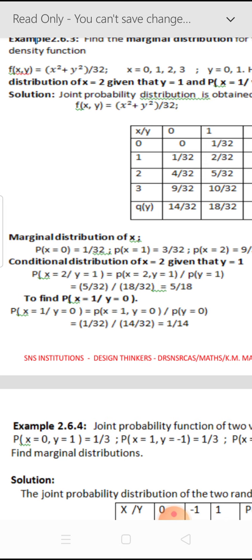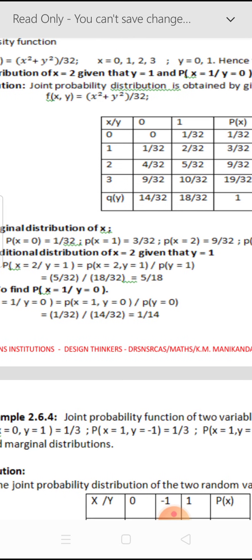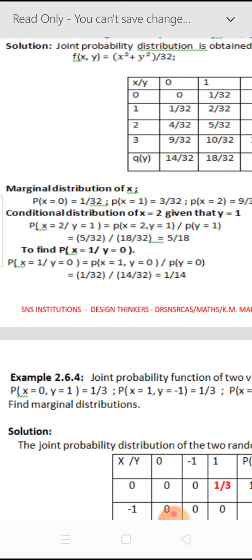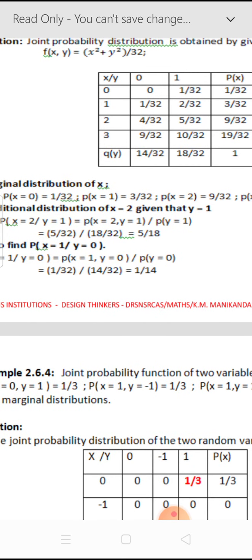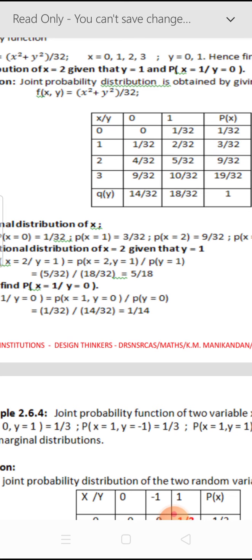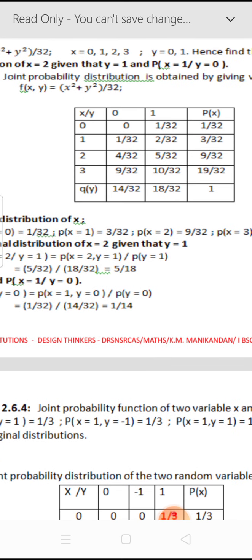And we find the conditional distribution of x equal to 2 given that y equal to 1 by applying the formula: probability of x equal to 2 given y equal to 1 equals probability of x equal to 2 comma y equal to 1 divided by probability of y equal to 1. So the probability value of x equal to 2 and y equal to 1 is obtained from the joint probability distribution.